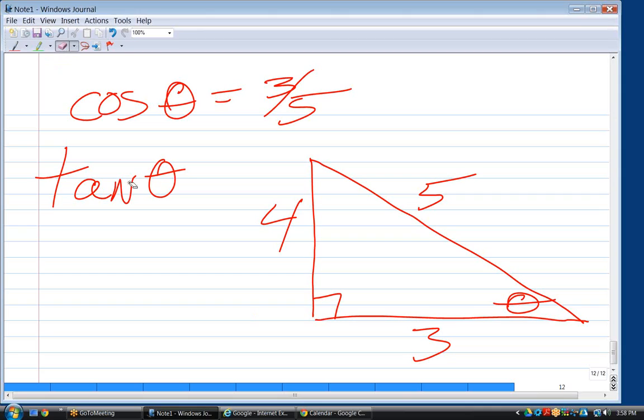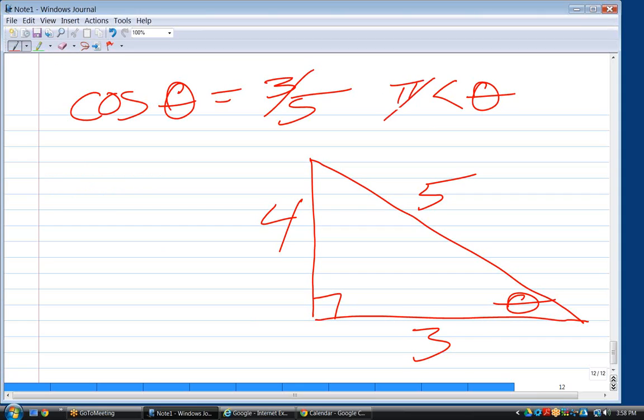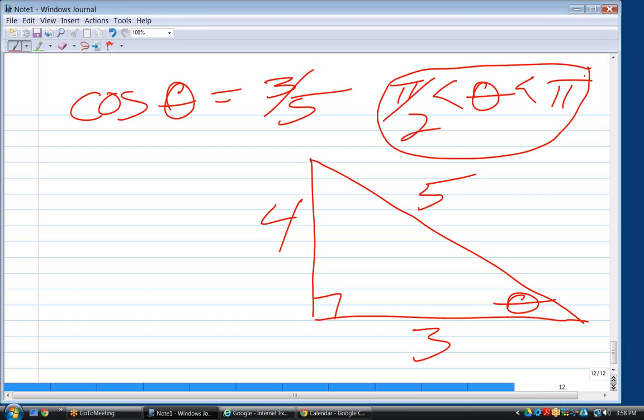So this is a classic problem, and the one thing they also usually add is what quadrant theta is in, say, the second quadrant. They'll give you enough information to figure out what quadrant it's in. Well, if theta is in the second quadrant, cosine's obviously not 3/5, but it's minus 3/5.